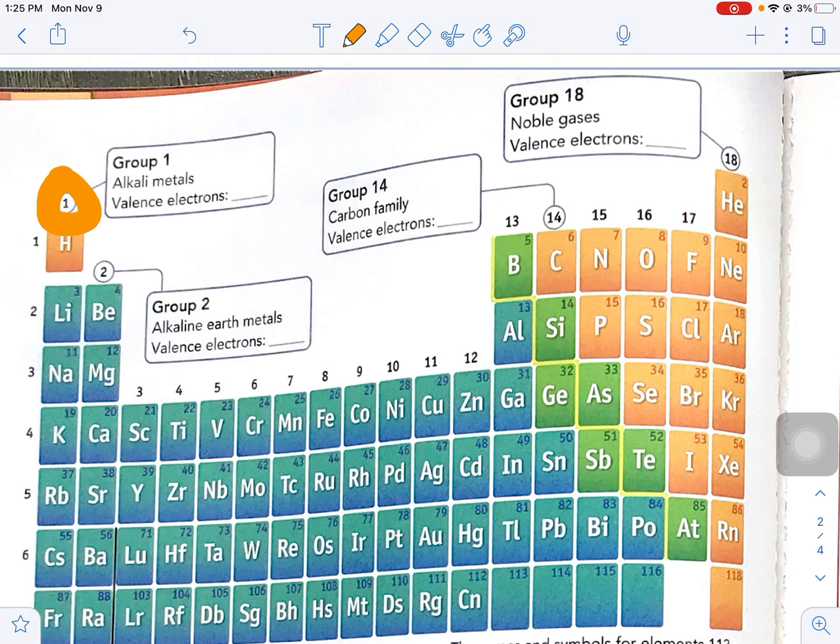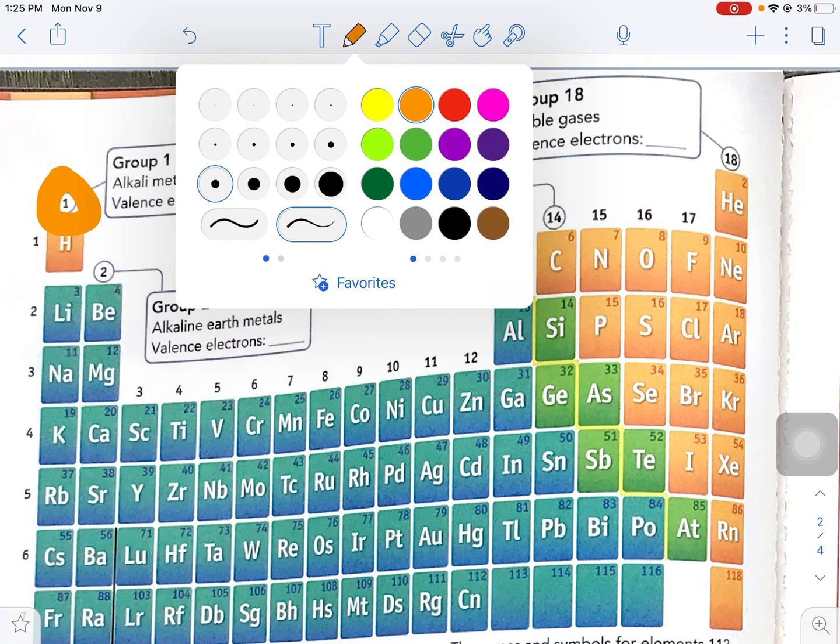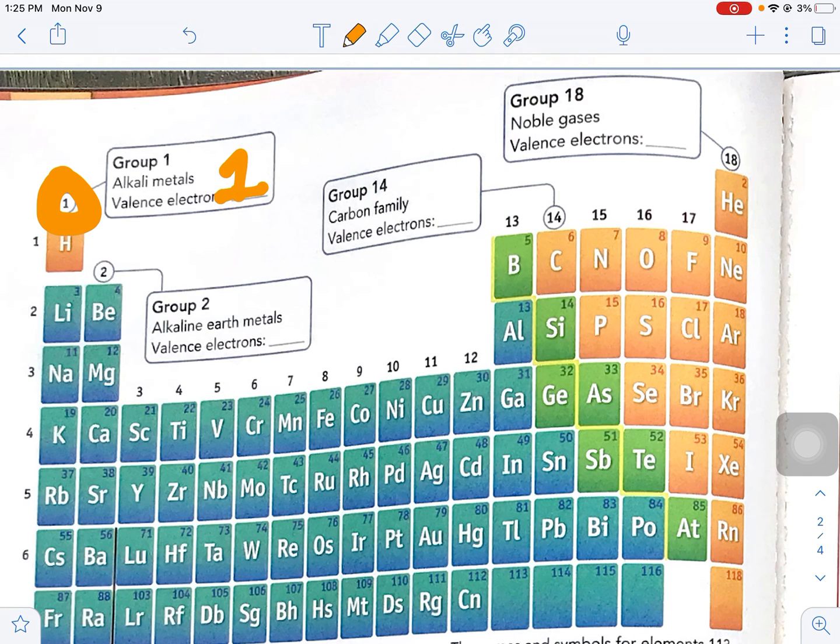So if we have the group number 1, we're going to find that it is going to have 1 valence electron. And we know group 2, we have 2. Group 14, we drop that teen off, and so we have 4. We drop the teen off of the 18, so we have 8. So the same pattern goes.